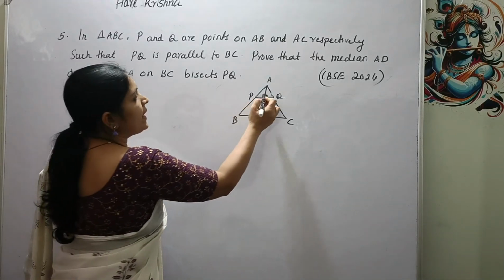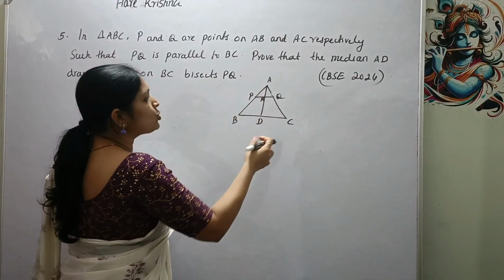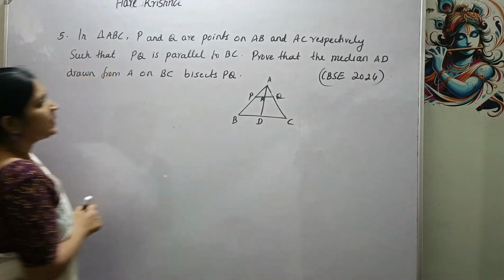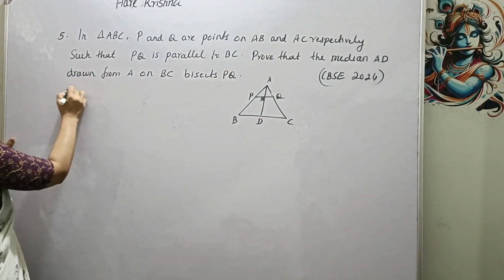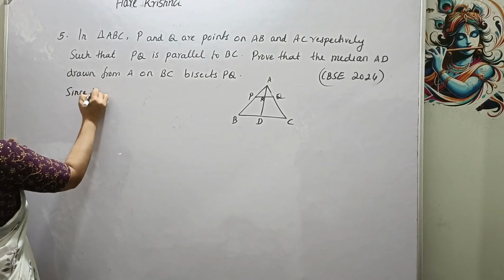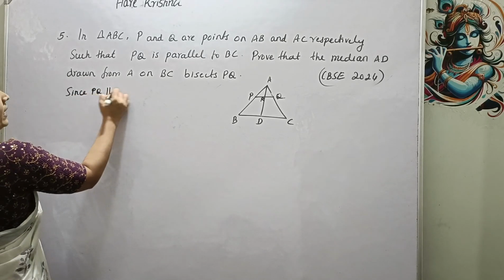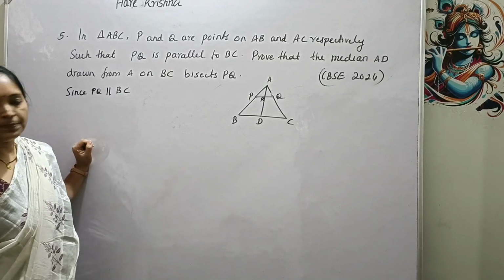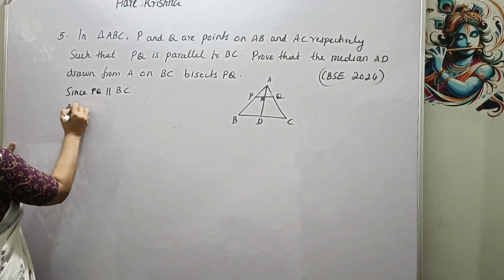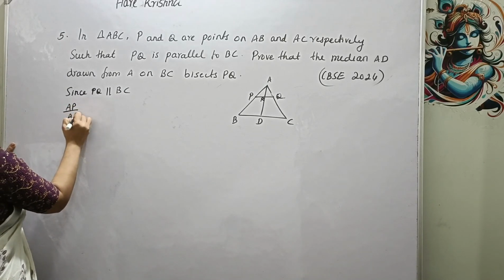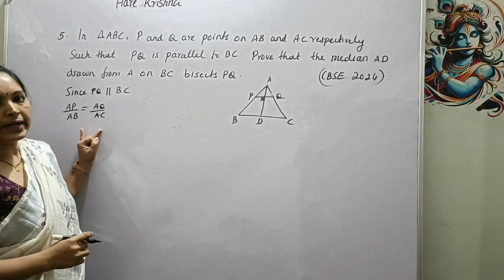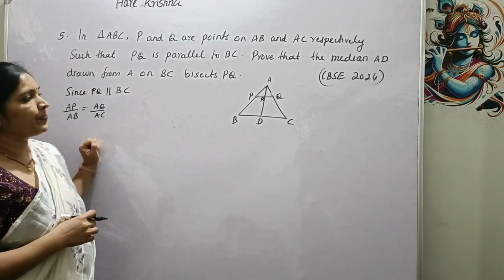That means here let's take this R, then we have to prove PR is equal to QR. Since PQ is parallel to BC, by basic proportionality theorem, we can write AP by AB is equal to AQ by AC. Right? By basic proportionality theorem.